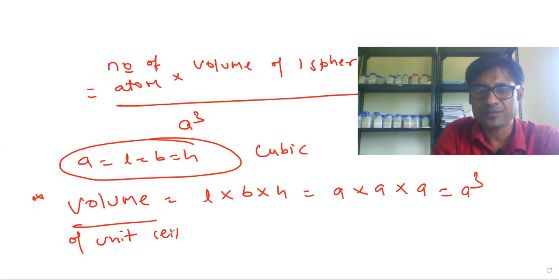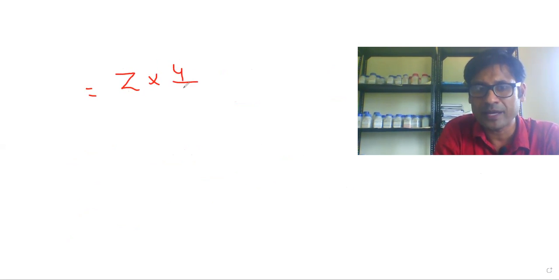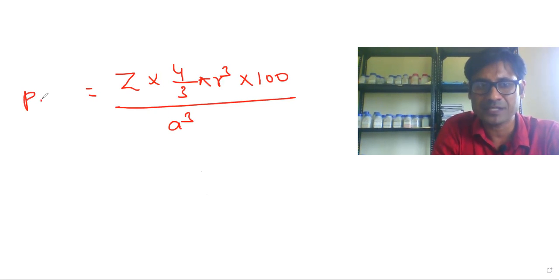And we know that the volume of one sphere is 4/3 pi r cube. Then the formula is z into 4/3 pi r cube into 100 upon a cube. This is the general formula of packing efficiency.